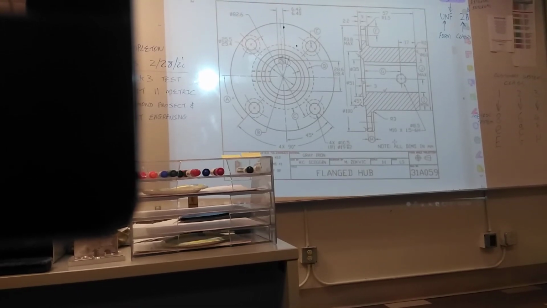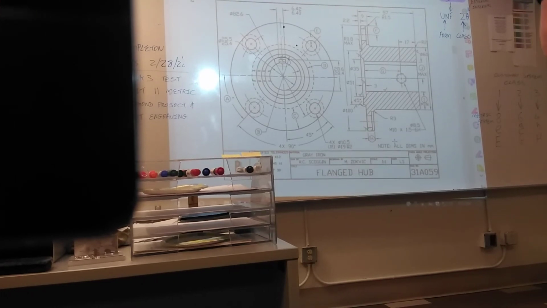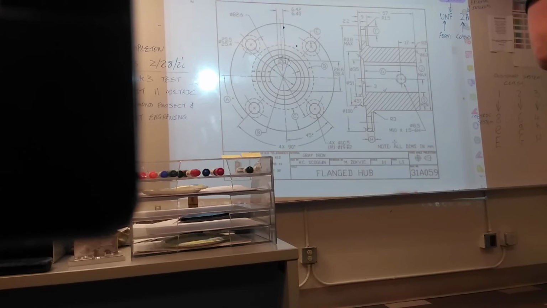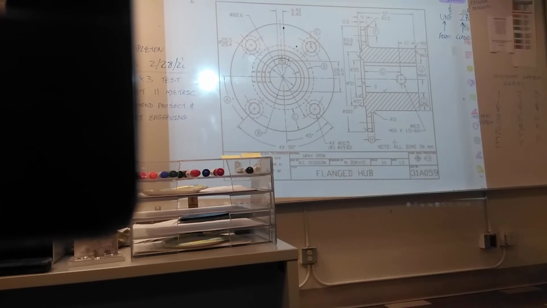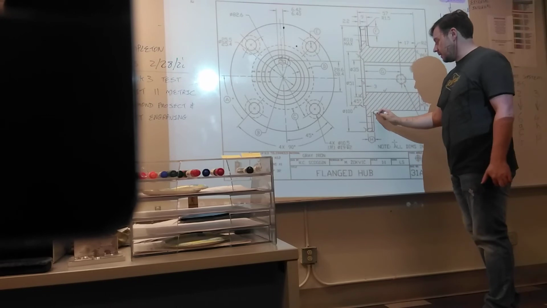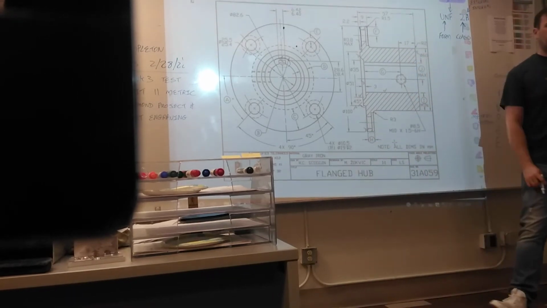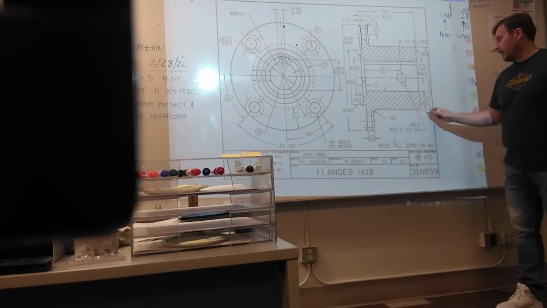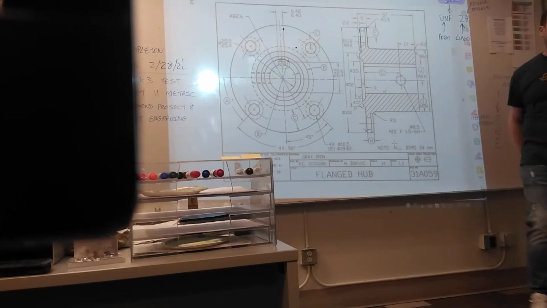While you're there, look up hub. A projecting rim or collar on an object. It may include mounting holes to secure it in place. A projecting rim or collar, which is this feature here. This is our flange. This section here is the hub.